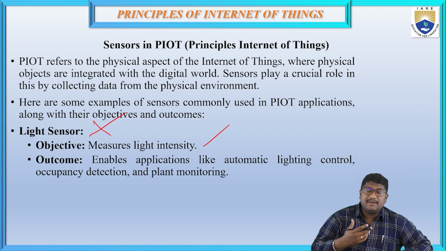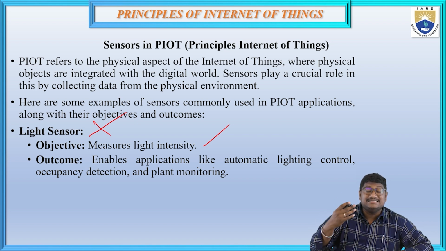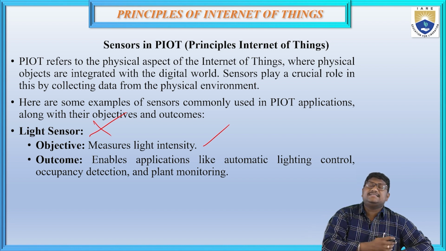There you notice that with the help of the smart light sensor, whenever we are chilling out or watching a movie, the light sensor detects the light and adjusts into theater mode where the light intensity is low. This enables applications like automatic lighting control, occupancy detection, and plant monitoring. These are all called the outcomes of this particular light sensor.